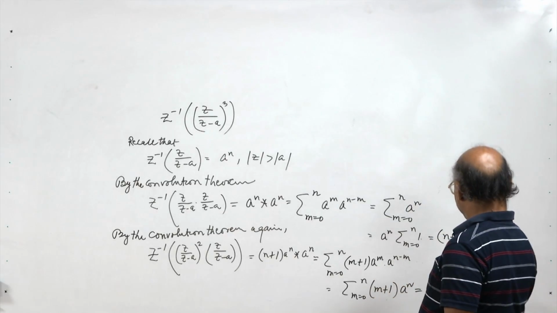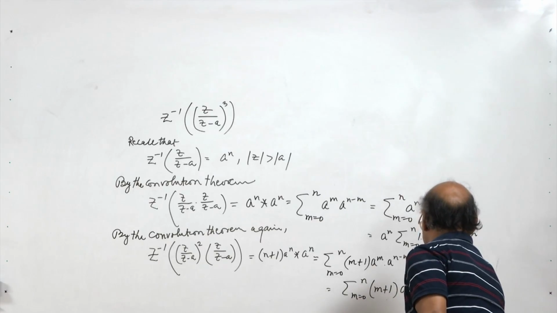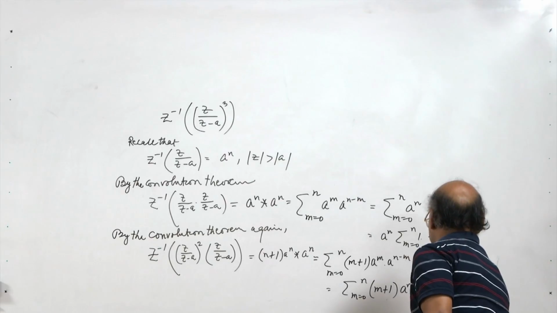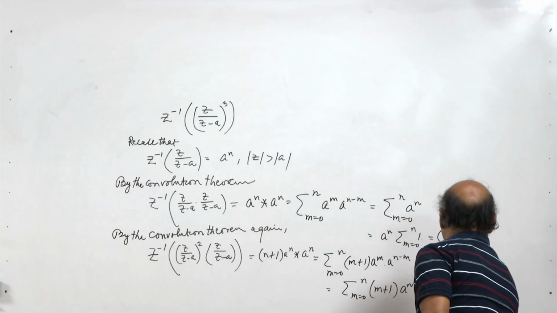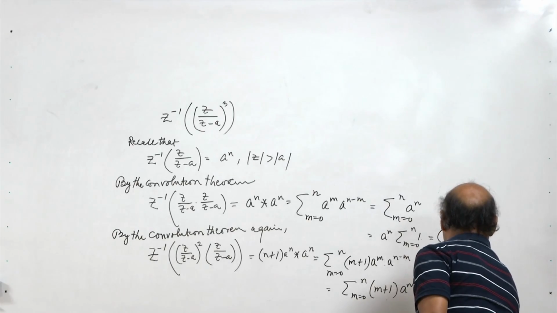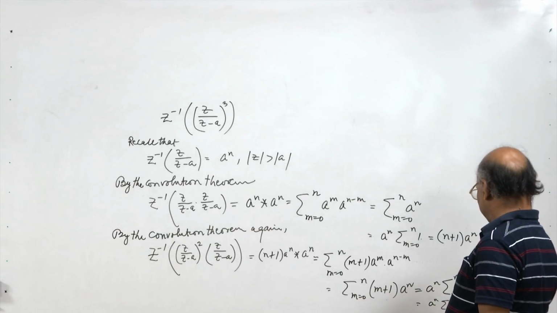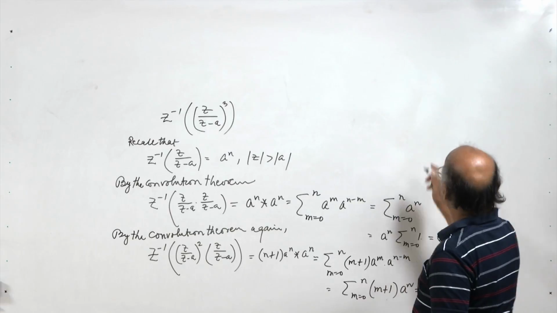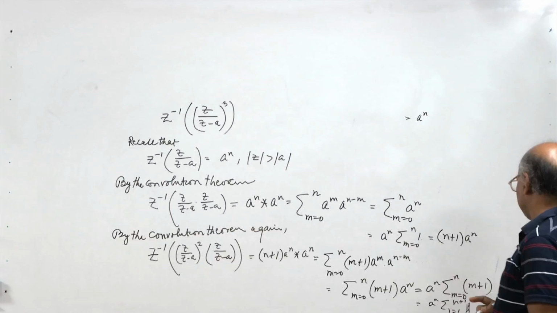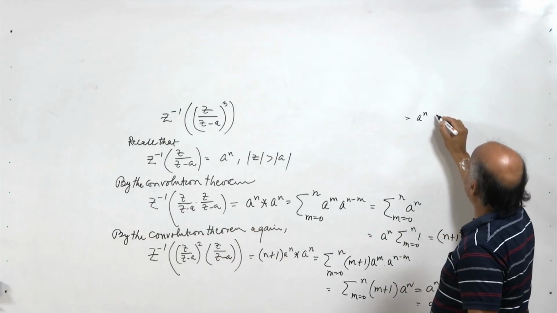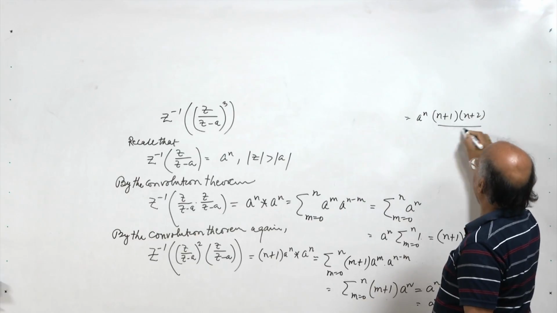Now, replacing m plus 1 by j, I can write it as a^n times the summation j equal to 1 to n plus 1 of j. So this is the summation of j when j runs from 1 to n plus 1, and we know the value of this. The sum of j from 1 to n is n(n+1)/2. So it is (n+1)(n+2)/2.